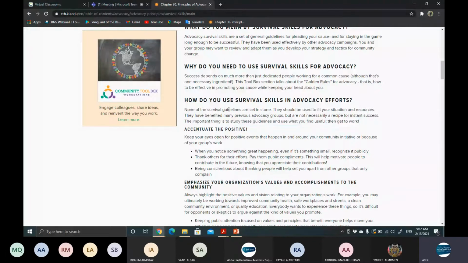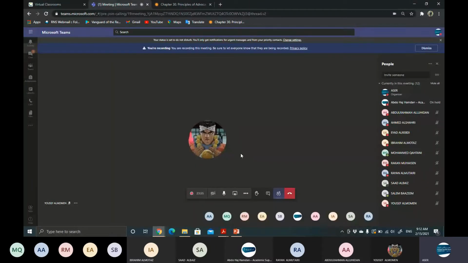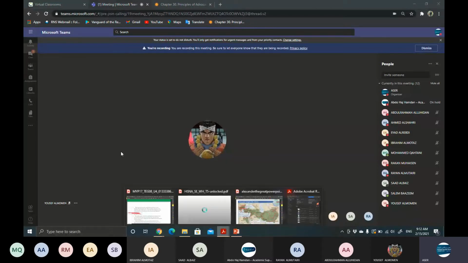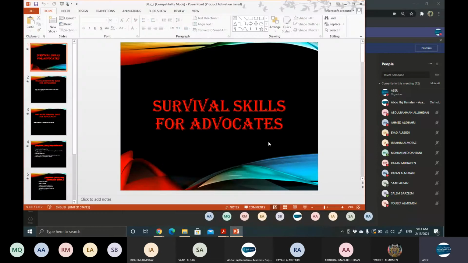Meaning that you have a million things that can affect your campaign. Those skills we will speak about today are not necessarily going to give the same results for all the people around the world, because you have factors that can affect your campaign, like for example the cultural perspective of your country.